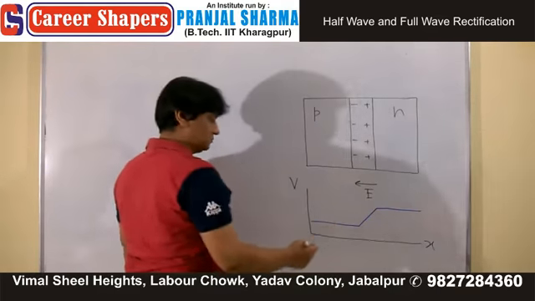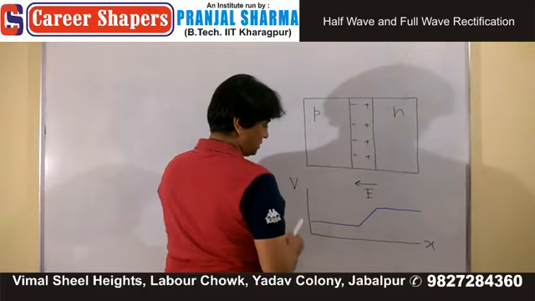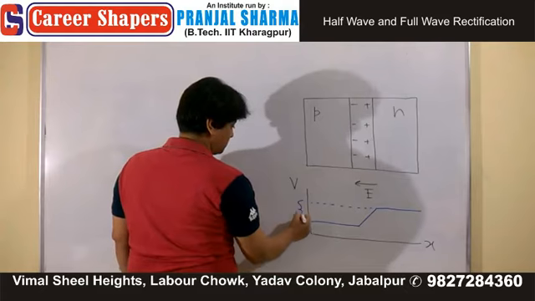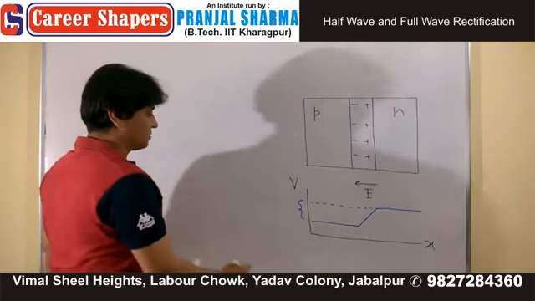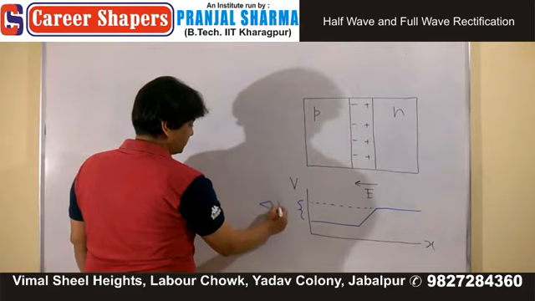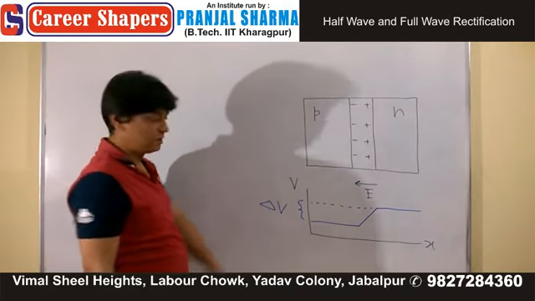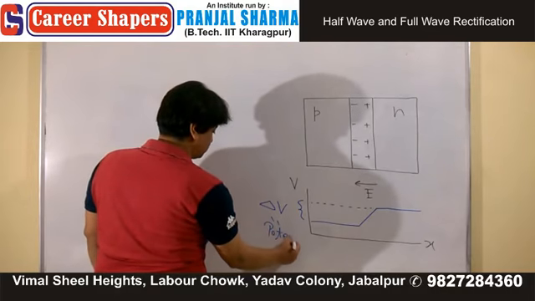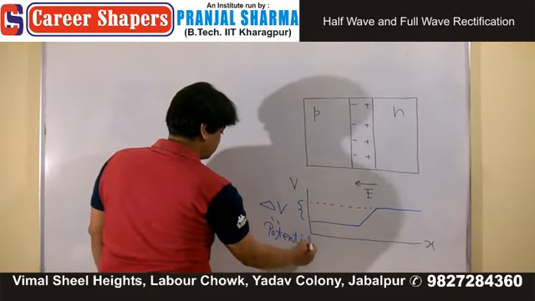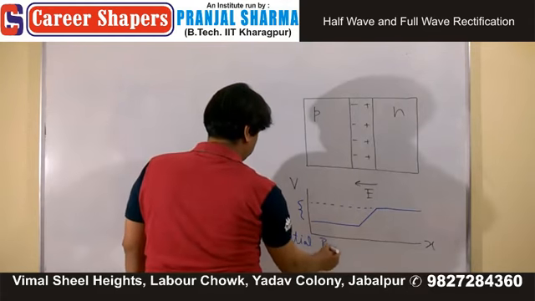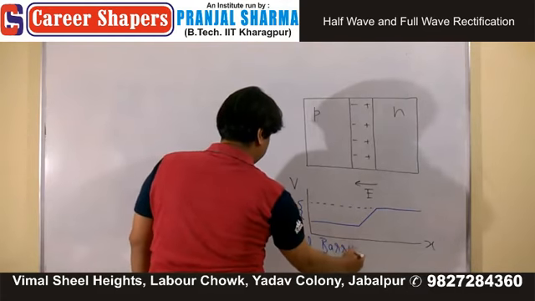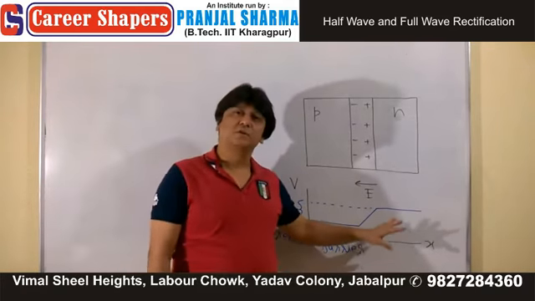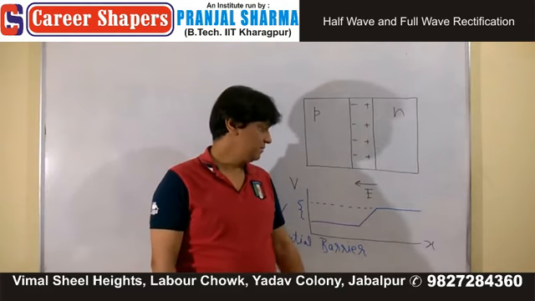This width is your potential barrier. This is delta V. From here to here, this is called your potential barrier. This is something which I explained in the last class itself.